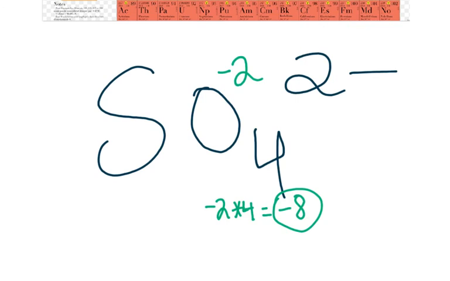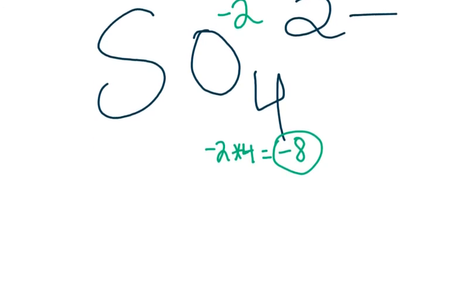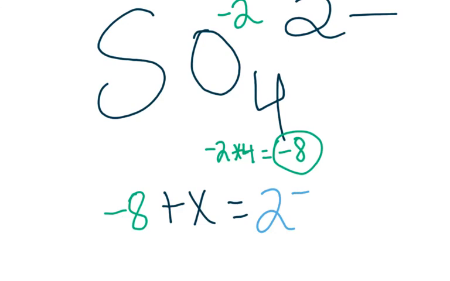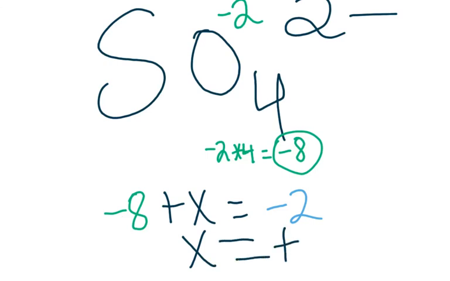So the way we do that is just set up an equation. -8 plus I don't know what, right now, is equal to -2. That's our negative charge that we have to equal. Now we just solve for x and we get +6. So the oxidation number for sulfur should be +6.